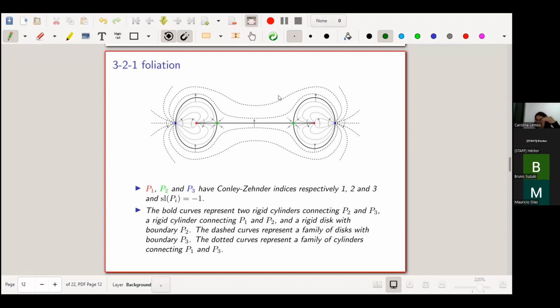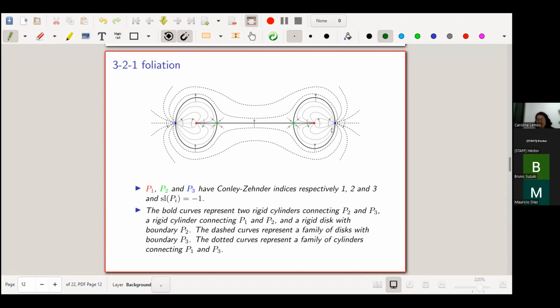Okay, we can also define for any transverse foliation some orientations. We can ask in the definition that the leaves are oriented such that the orientation of the leaves and the orientation of the flow gives the orientation of your manifold. So with this definition, you can say what are negative asymptotic limits and positive asymptotic limits.